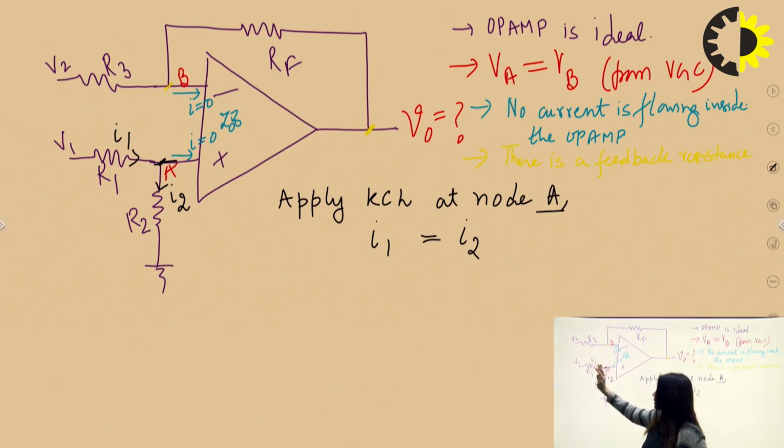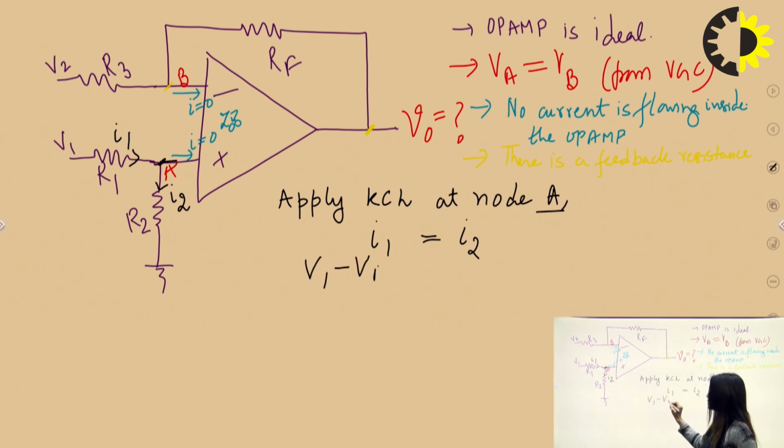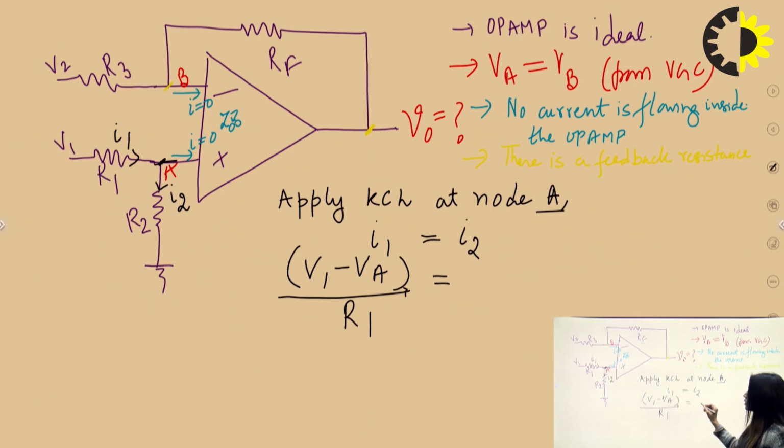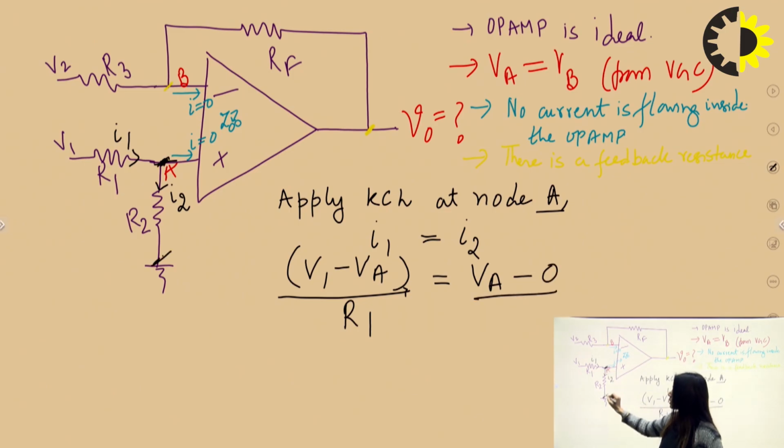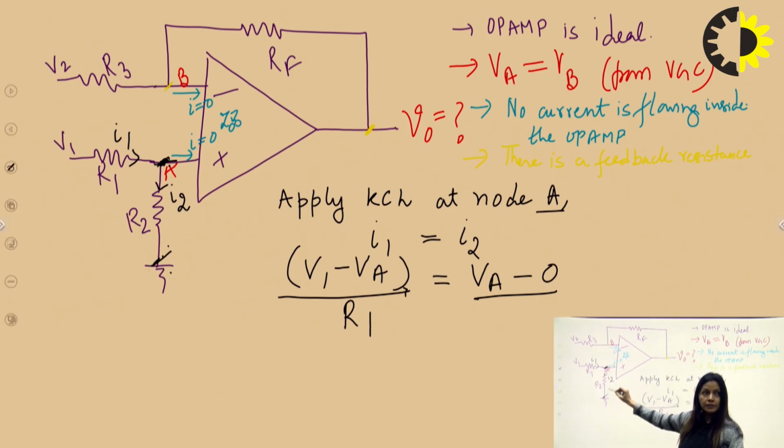So I1 is V1 minus VA, the voltage drop in the branch, upon resistance R1, which is equal to I2, the voltage VA minus 0, because the next terminal is grounded, upon R2.